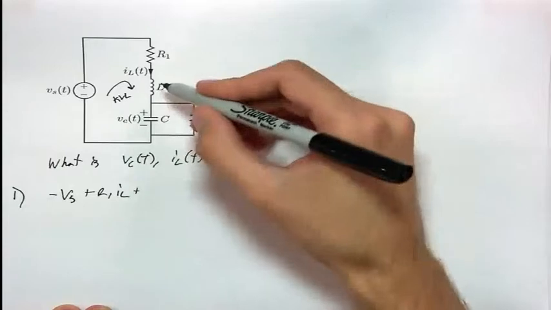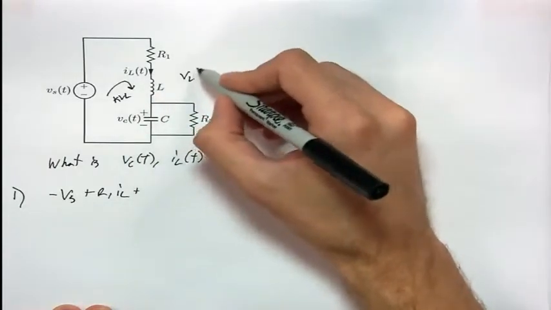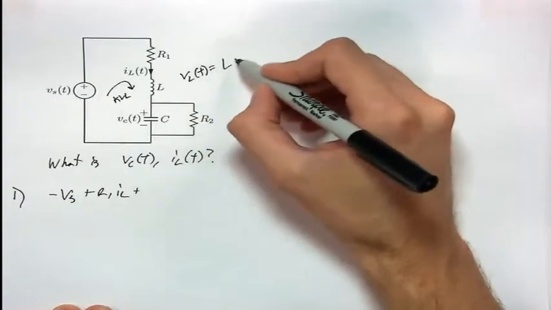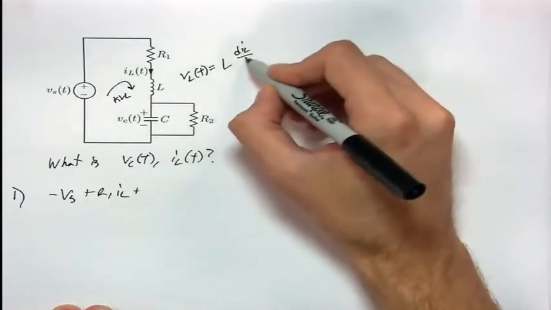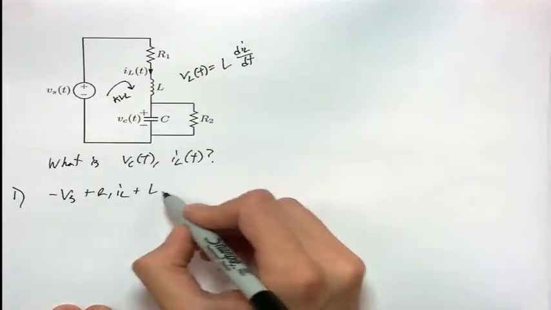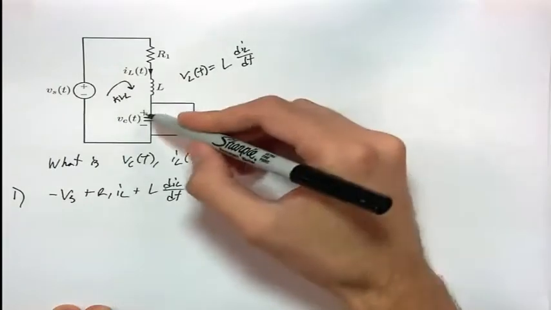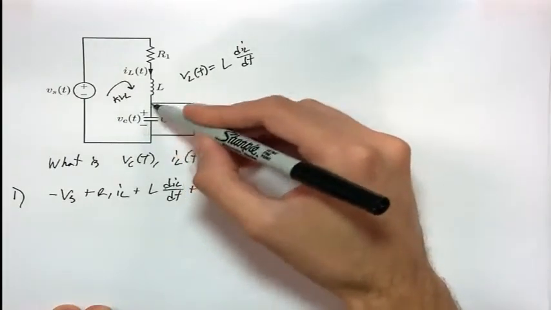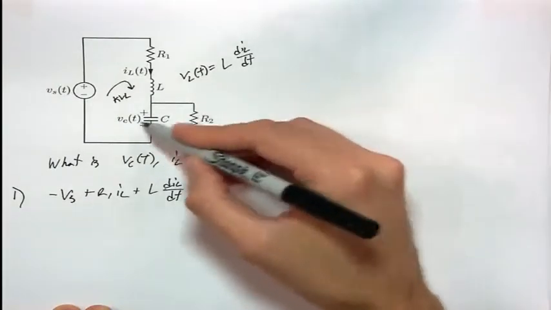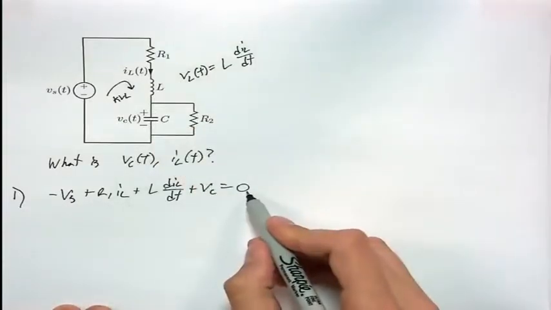Then we need the voltage across the inductor, which is L times the derivative of the current going through it, so L diL/dt. Finally, the voltage across the capacitor, or across R2, is just Vc. The sum of these voltages is equal to 0.